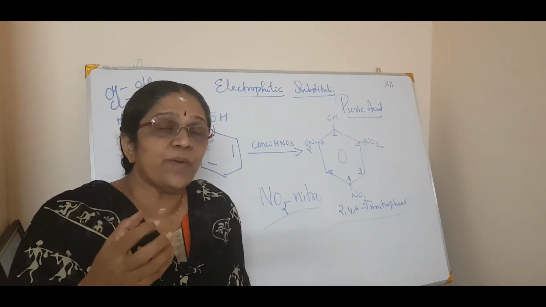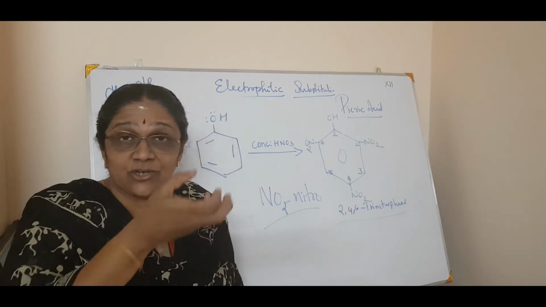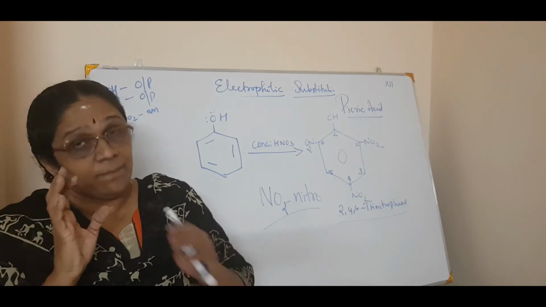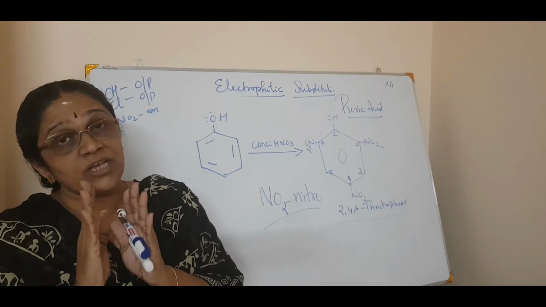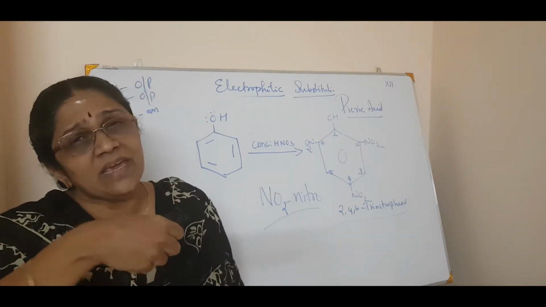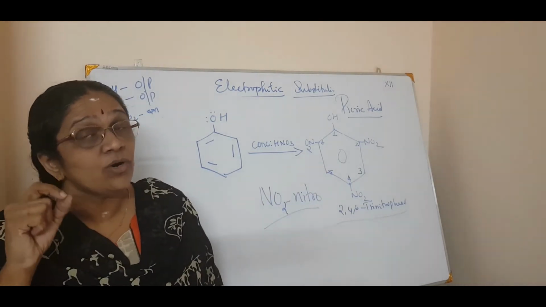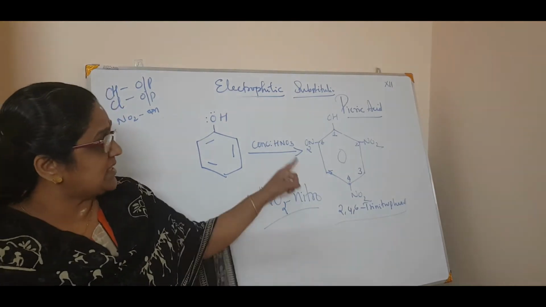So it withdraws electrons from this carbon-oxygen bond, thereby making the OH bond more polar, so the hydrogen can be easily knocked off. That is why it behaves as a very good acid. Clear? So this is picric acid.